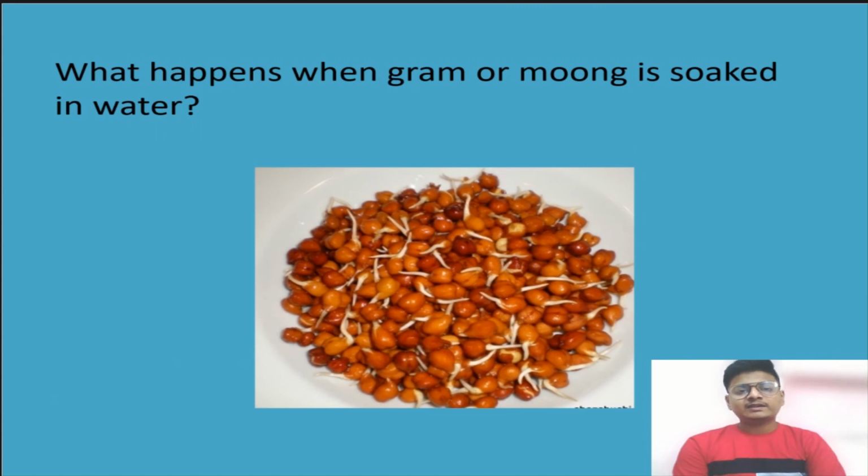And what happens when gram or moong is soaked in water? Anyone know about this? Something is coming out of this chana or moong. That is the radicle. You will be learning in the higher classes also. This is sprouted chana and sprouted moong.